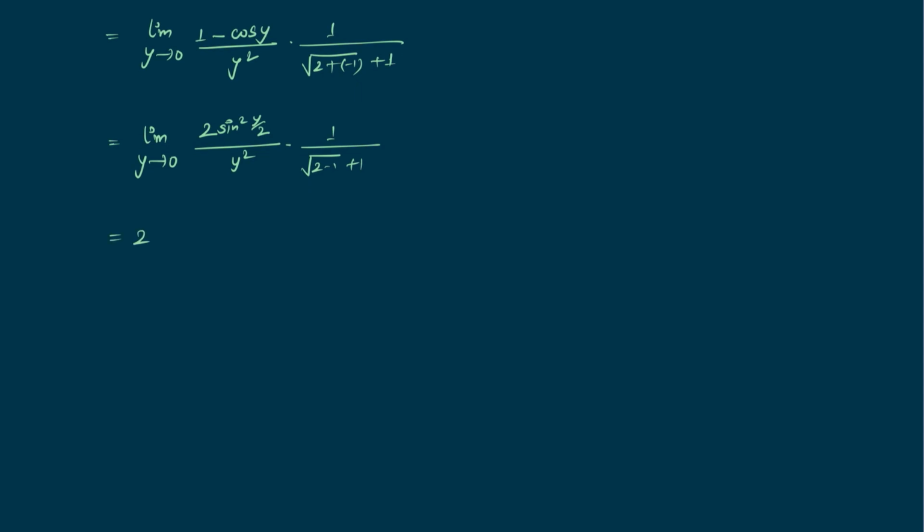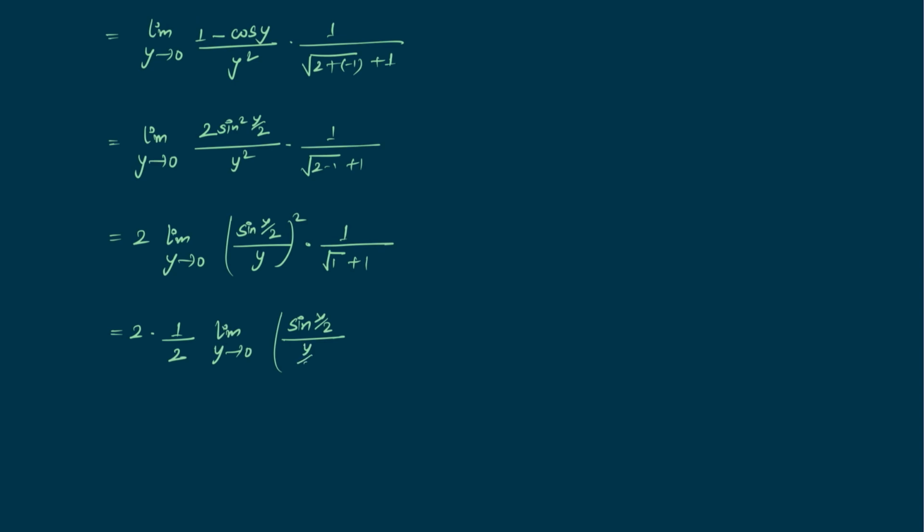This 2 I will write in front, so it will be limit y tends to 0 of (sin(y/2)/y)² into 1/(√1 + 1). Since this portion is constant, I can write it in front: 2 into 1/2, since √1 is 1 and 1 + 1 is 2.